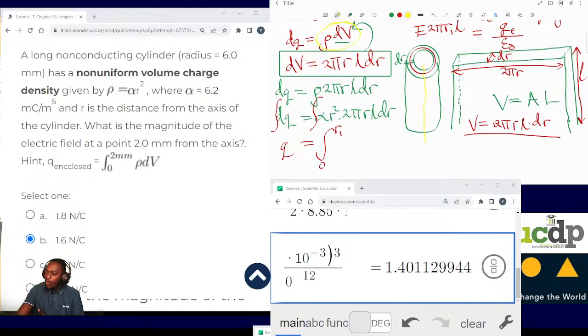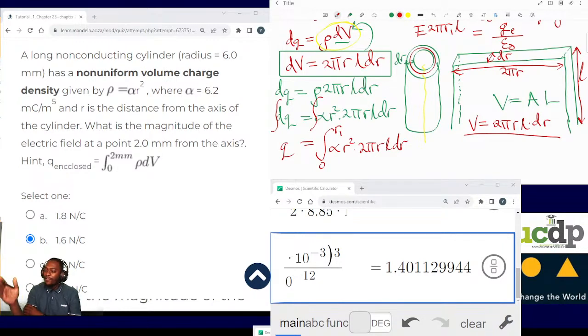But our rho is alpha r squared, and our dV is 2 pi r L dr. So starting from the hint, in place of rho we have put alpha r squared, which is what we're given in the question, right?